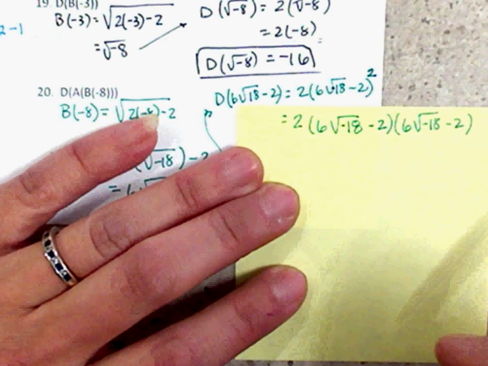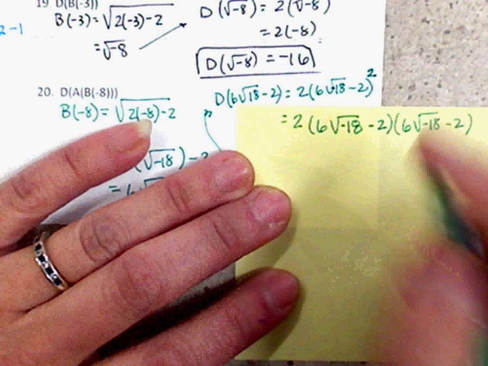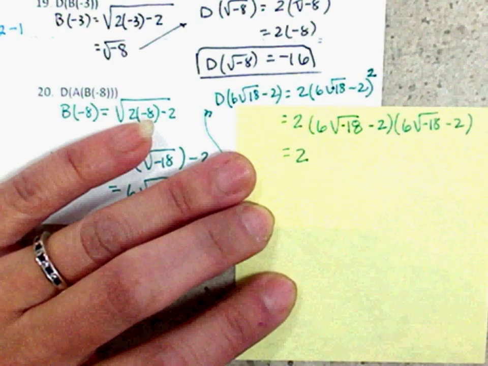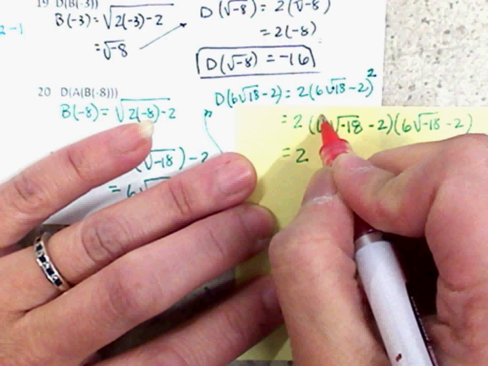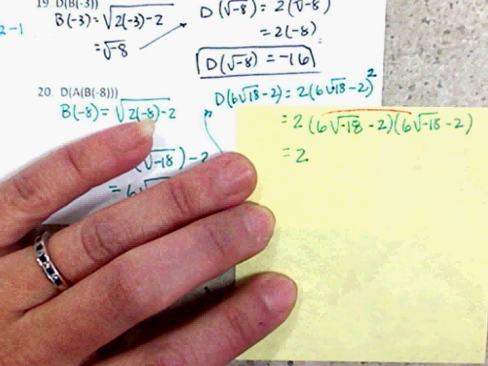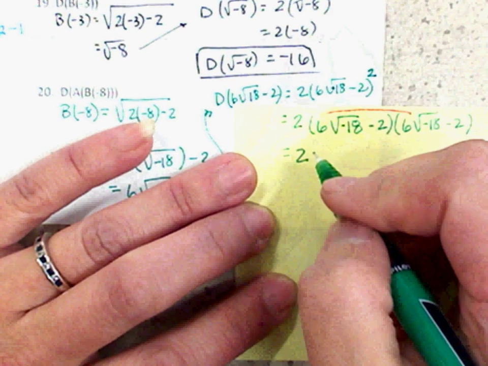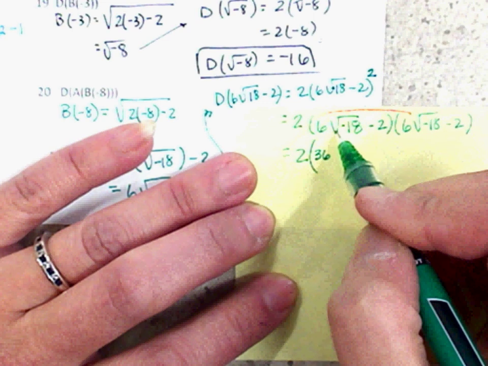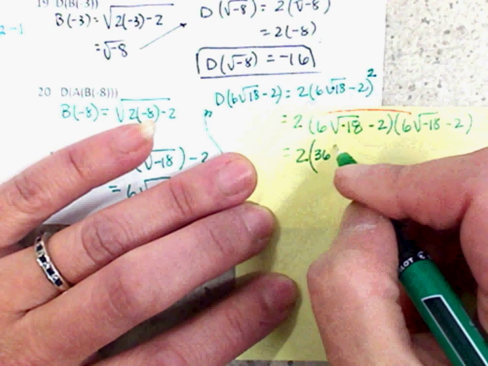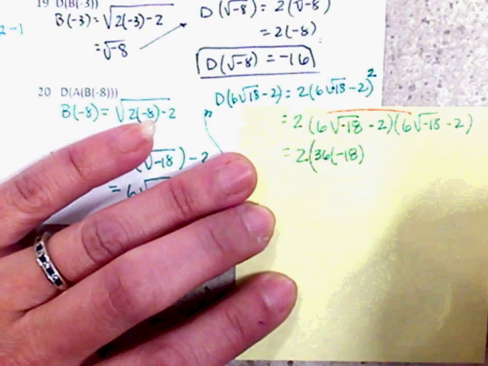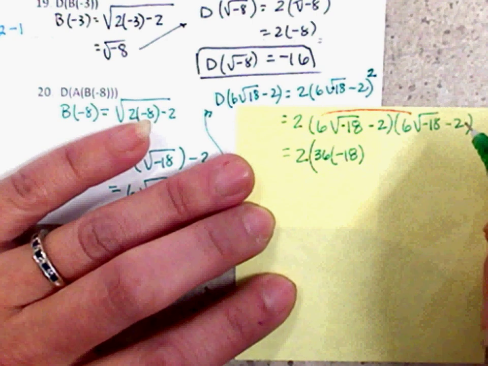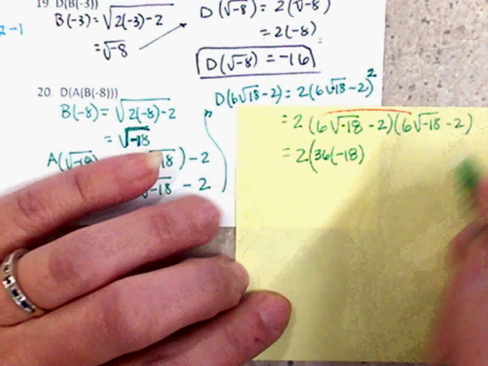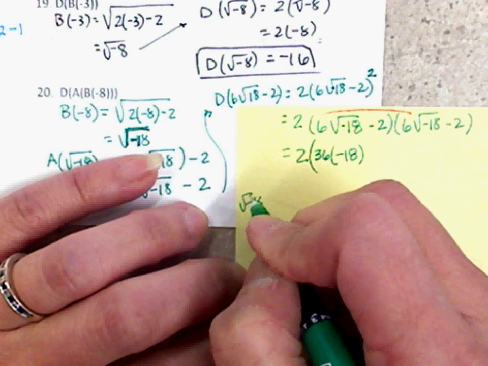All right. Bring down your 2. You're going to have to multiply. First term. You see that right there? 6 times 6 is 36. Square root of negative 18 times square root of negative 18 is just negative 18, because when you square them, the radical goes away. You have 2 of them. See, that goes away.